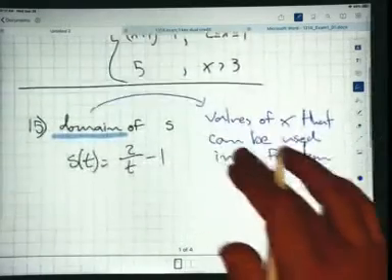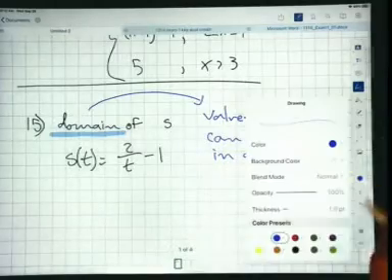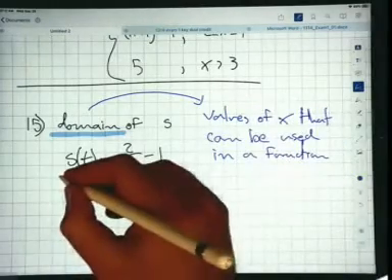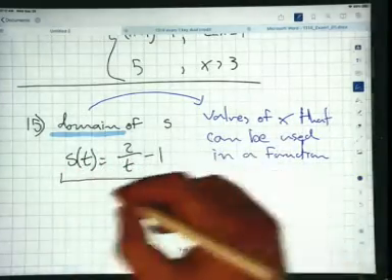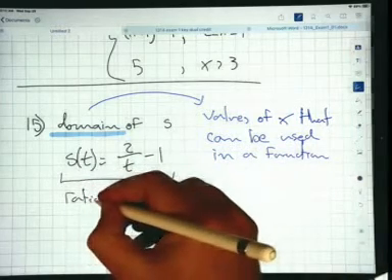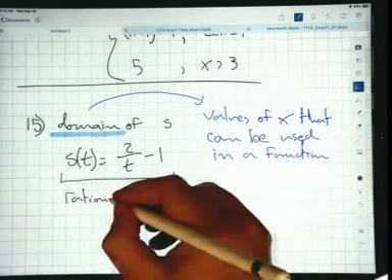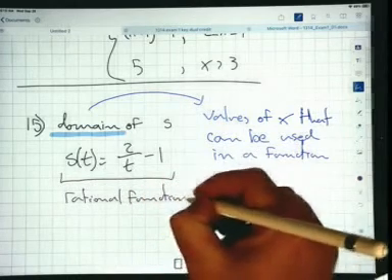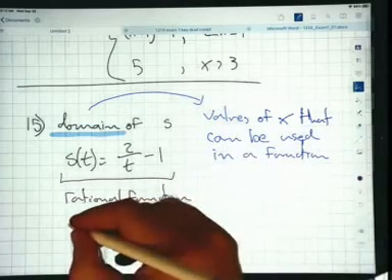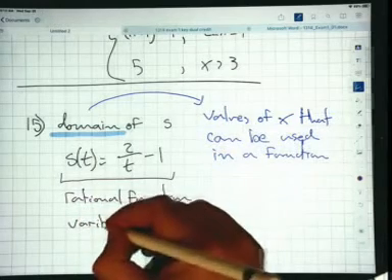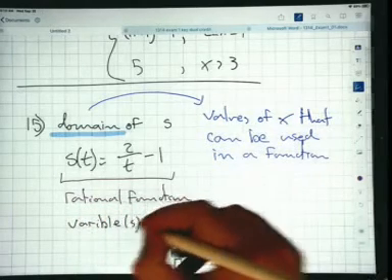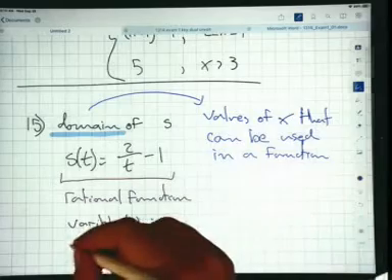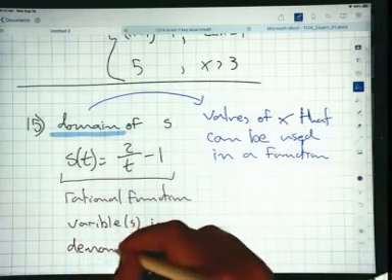Now, S of t is a rational function. Rational function means that you have a variable or variables in your denominator.